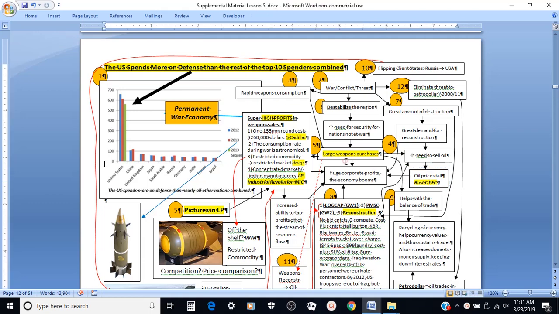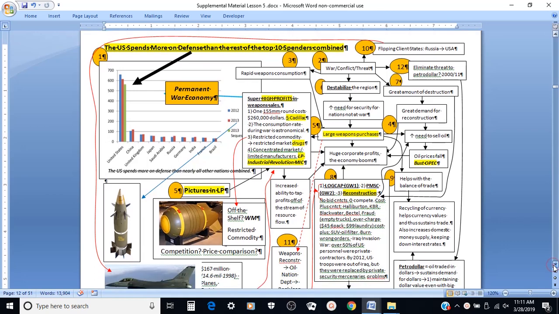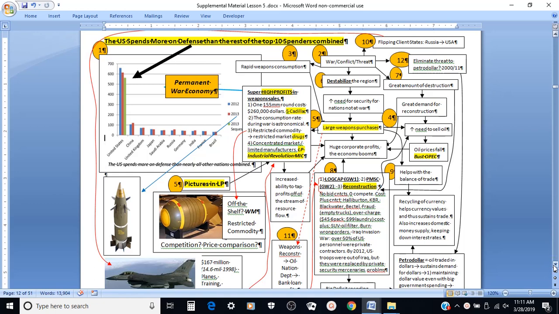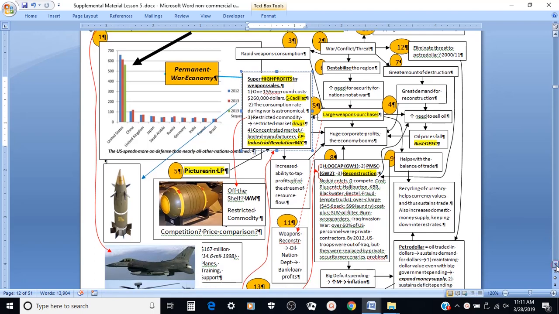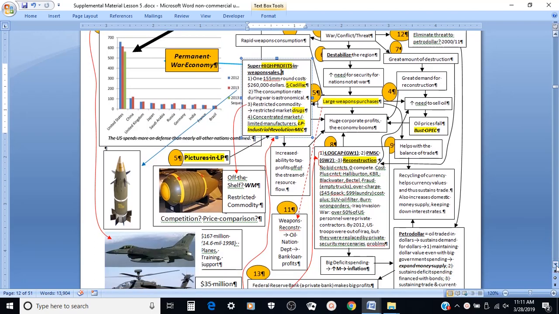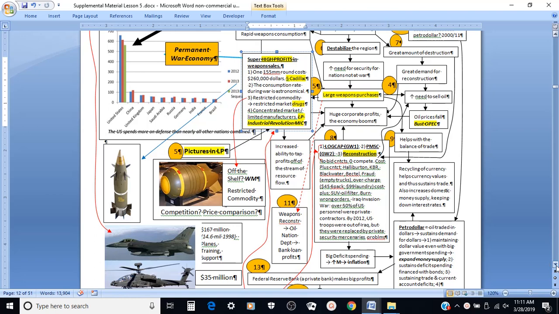All right, so if you have large weapons purchases, there's a lot of profits from the weapon sales themselves. The armaments industry is highly profitable because largely it is a restricted industry, a restricted commodity, and that reduces competition, which allows for greater control of price to increase profits. Just looking at some of the costs, they're high-value items that are consumed at a rapid rate.